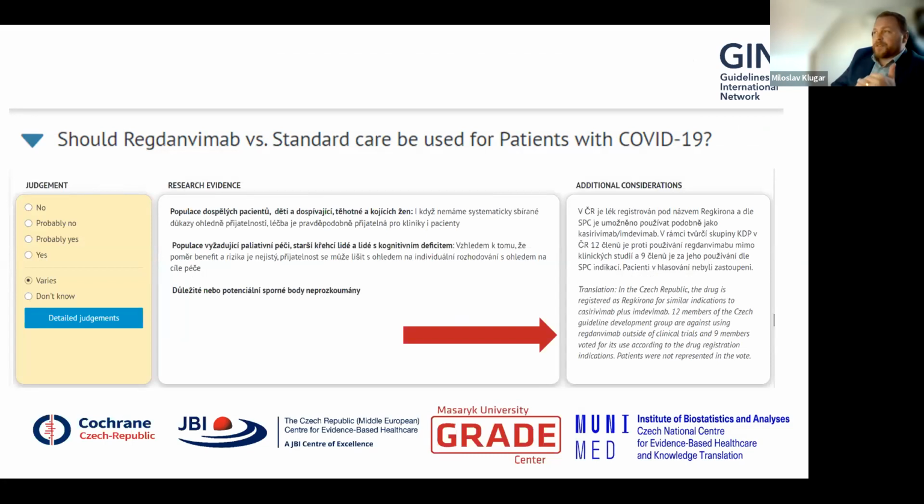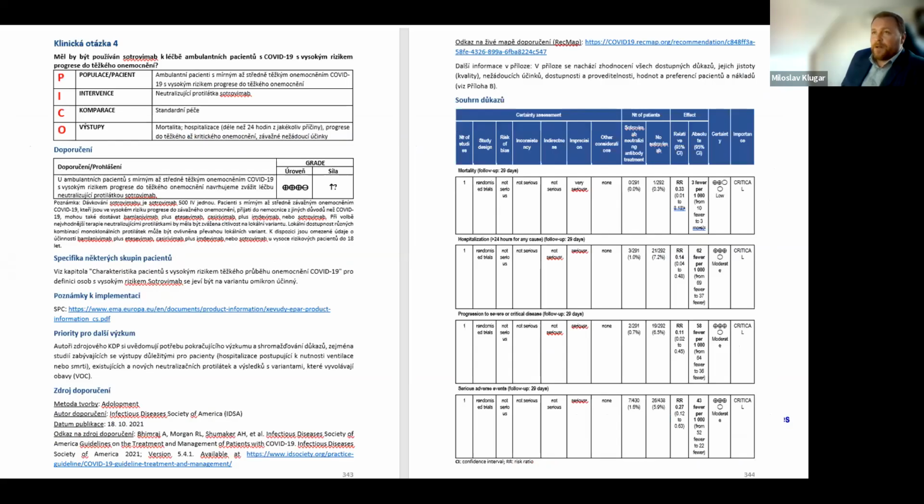So within the GRADEpro feature, we translated the original recommendation, and within the additional considerations, we developed and justified our change, our development, and then translated it also to the English language, as you can see in this example.